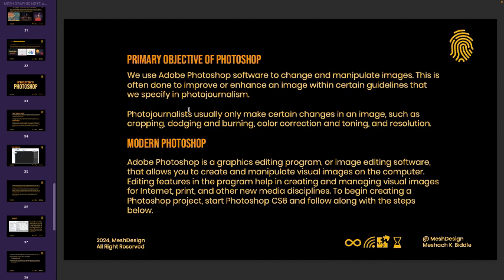This is often done to improve or enhance an image within certain guidelines that we specify in photojournalism. Photojournalists usually only make certain changes in an image, such as cropping, dodging, blurring, color correction, toning, and resolution. So this was the primary objective of Photoshop.